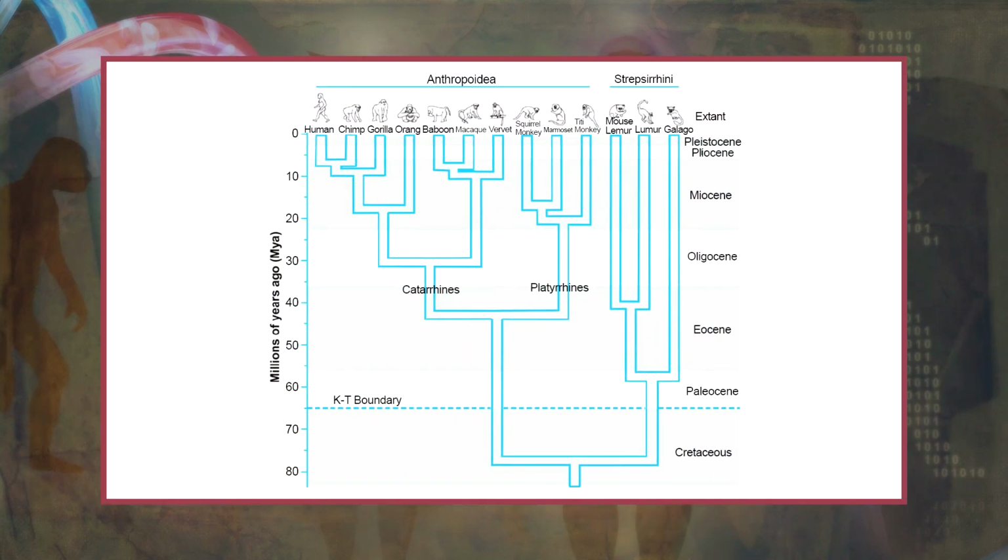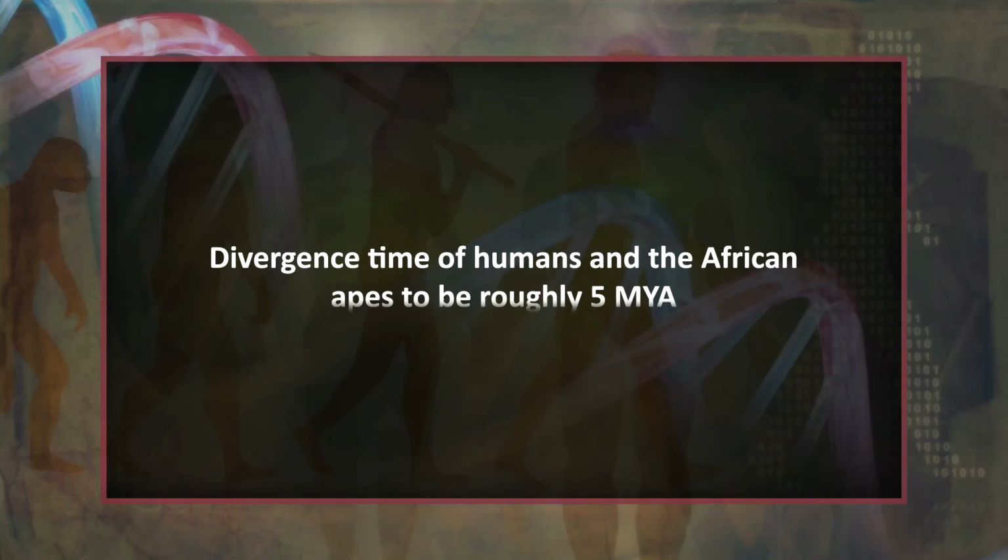The divergence time between old world monkeys and hominoids is considered to be 30 million years ago, based on fossil data, and the immunological distance is considered to grow at a constant rate. It is estimated that the divergence time of humans and the African apes was roughly 5 million years ago.